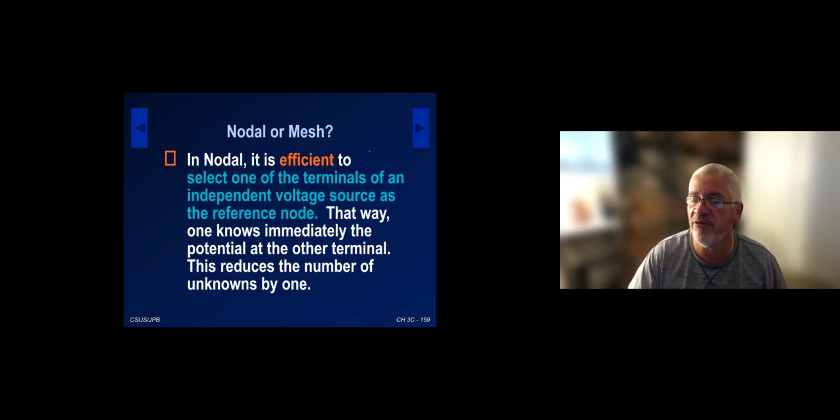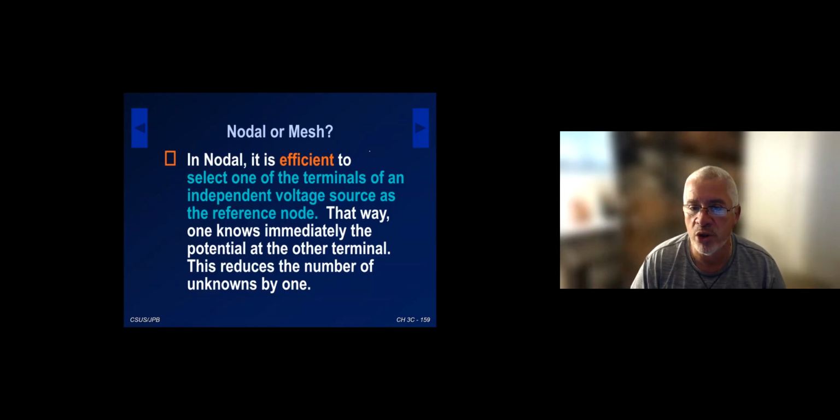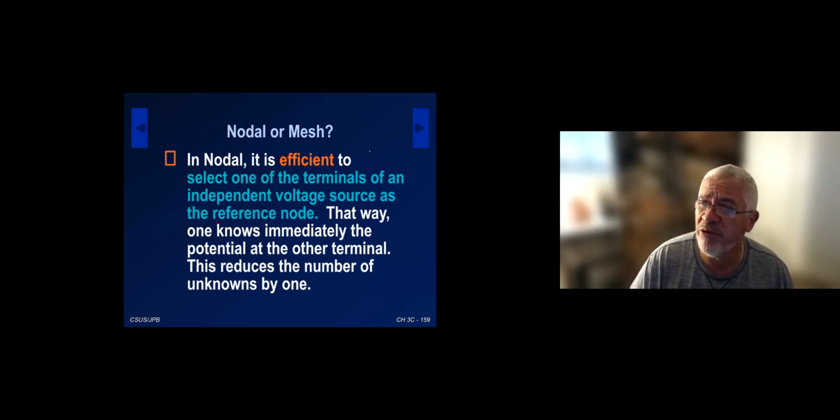You basically write V1 minus V3 equal to the value of the source. On top of that, if you select one of the terminals, the negative terminal, of the independent voltage source as your reference node, you basically know the other node value because it will be equal to that value of that independent source. So that's a way to reduce the number of unknowns.